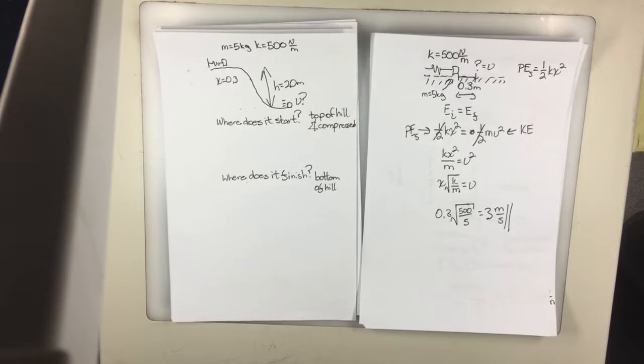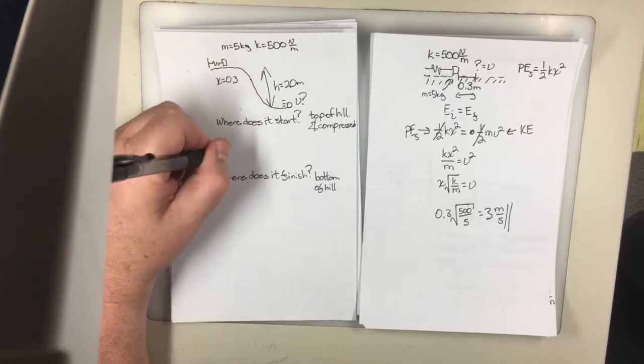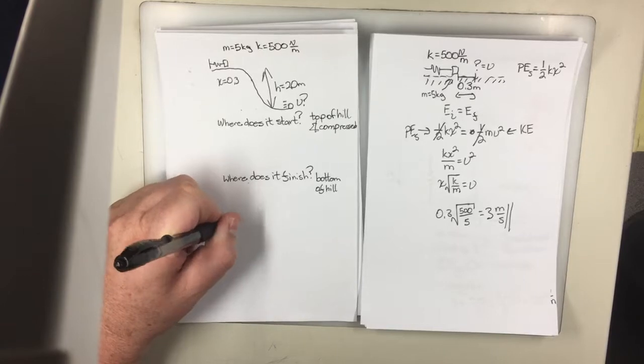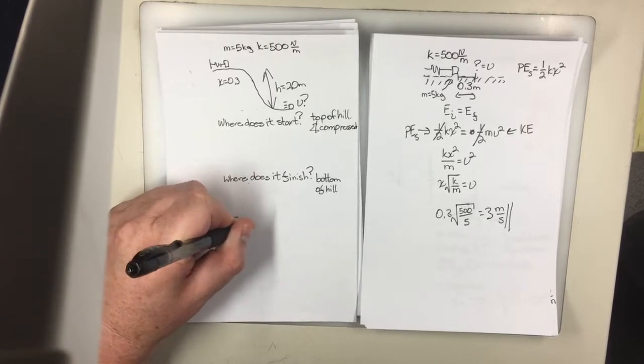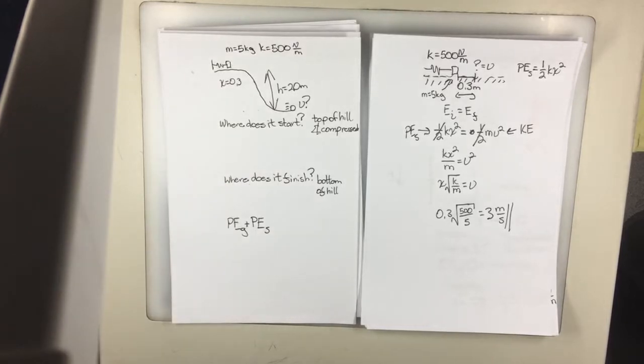In this particular case, now we have 2 potential energies that we have to consider. The potential energy of the compression of the spring and the fact that it's on a hill are all the beginning potential energies that I have to deal with. So its initial energy is potential energy of gravity and potential energy of the spring.